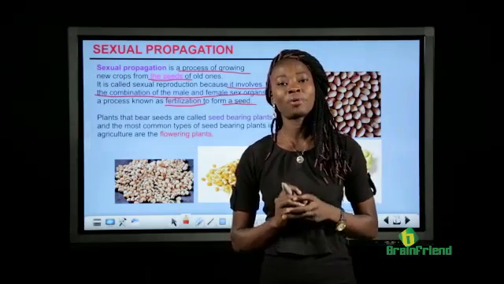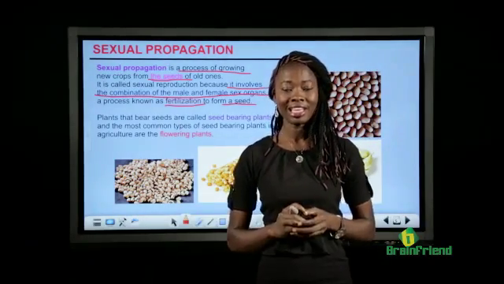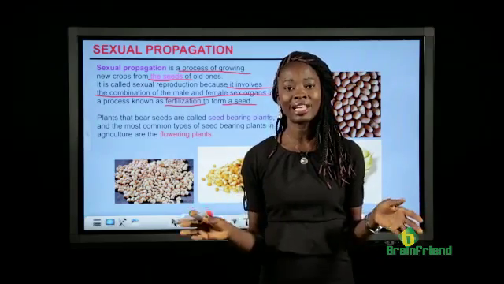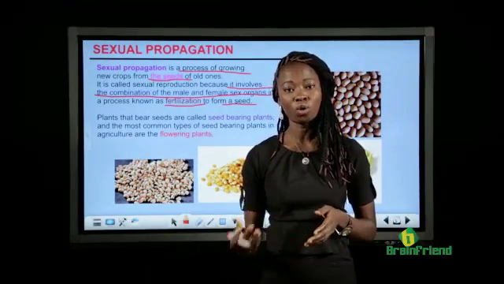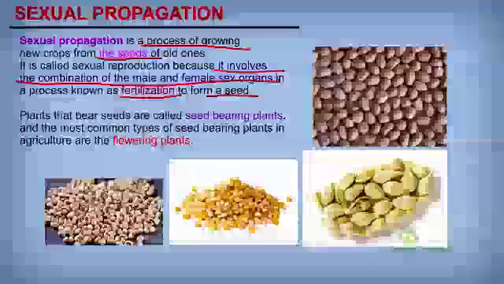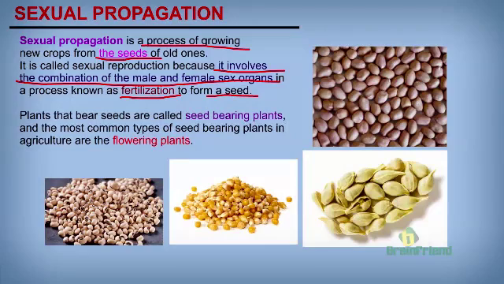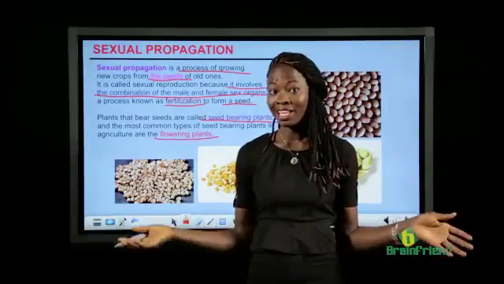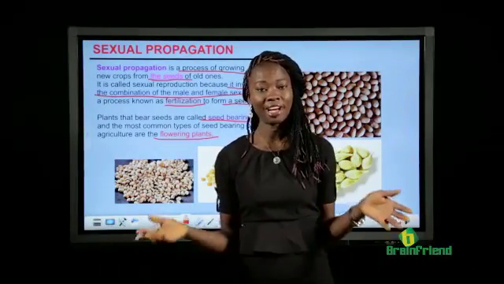It is not all plants that produce seeds. Therefore, it is not all plants that can be cultivated or grown sexually. Plants that produce seeds are called seed-bearing plants. And in agriculture, the most common types of seed-bearing plants are the flowering plants. The flowering plants are plants that produce flowers.